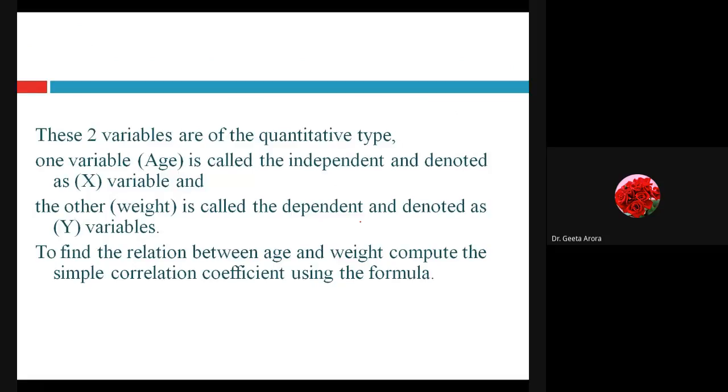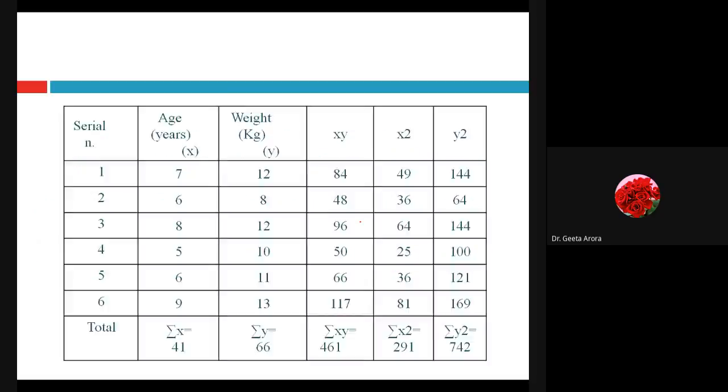Here, as a note, whenever we are talking about two things, we have taken x as the independent one, and the weight as the dependent one. So you can take one thing as dependent and another as independent, because we are going to find out, depending upon age, what the weight is. Okay? So you have to take one thing as x, another thing as y.